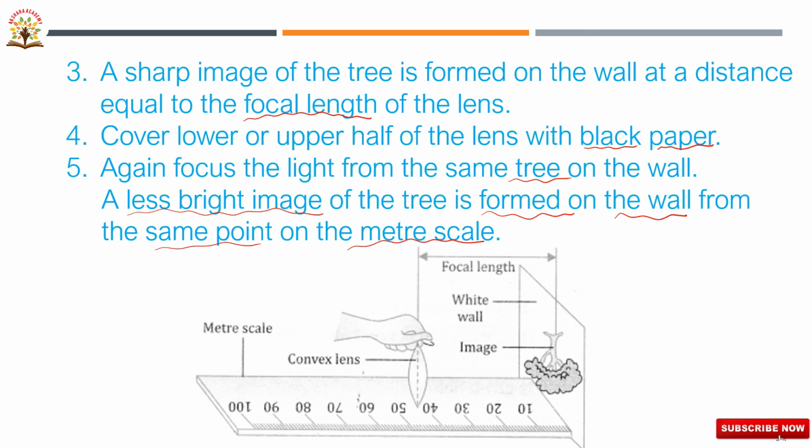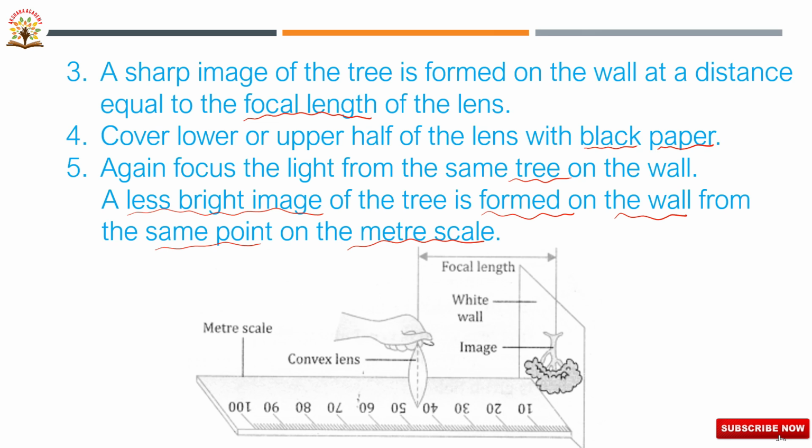So a sharp image of the tree is formed on the wall at a distance equal to the focal length of the lens. If you cover the upper half or lower half, we still get the image. Yes, a convex lens produces the complete image when we cover half of the lens with black paper.